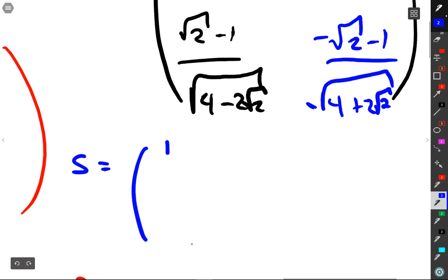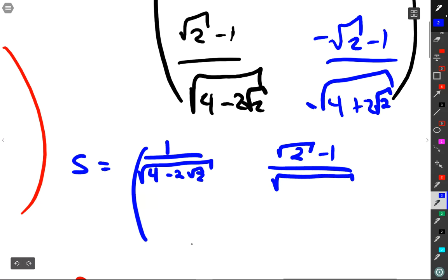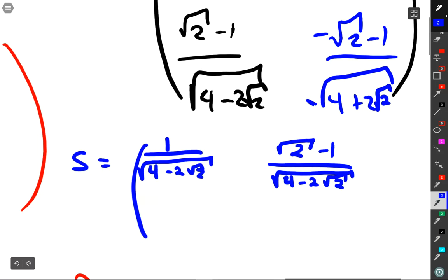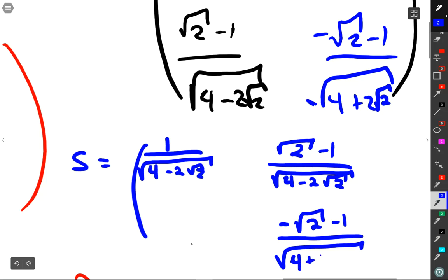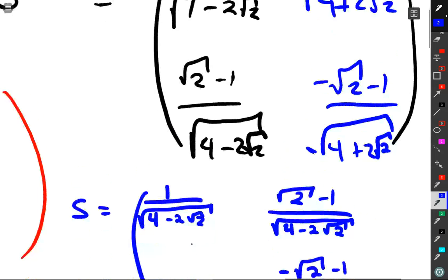So the first is going to stay the same. But then this term here, the black one you can see, is going to be put over here now. The bottom corner is going to be the bottom corner that we had before. And then the one that remains, 1 over.